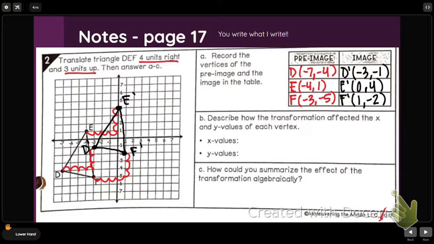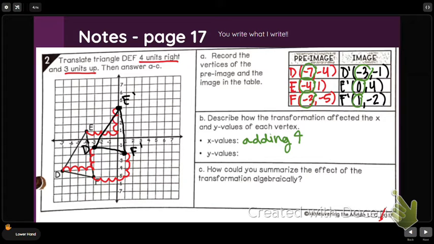Well, starting with our x, to go from -7 to -3, we'd have to add 4. To go from -4 to 0, we'd have to add 4. And -3 to +1, again add 4. So the x values changed by adding or increasing 4.